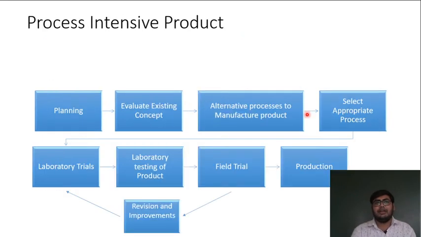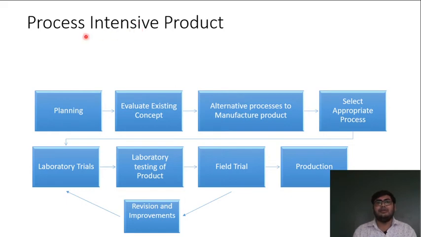Now there will be some products which will be process intensive products. What do we mean by process intensive products? These types of products are manufactured with some kind of processes. They are not manufactured with different parts, and assembly will not be there. There will be many processes. For example, pharmaceutical processes.